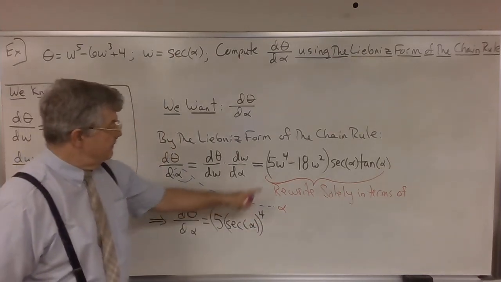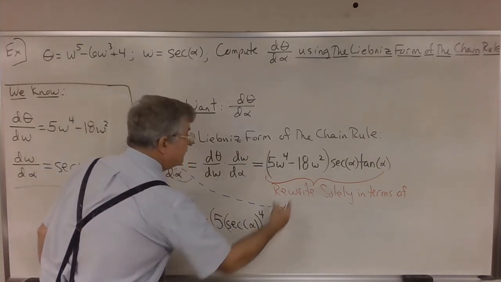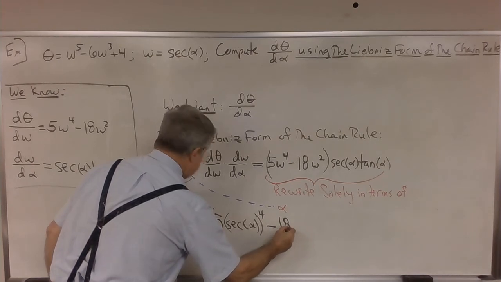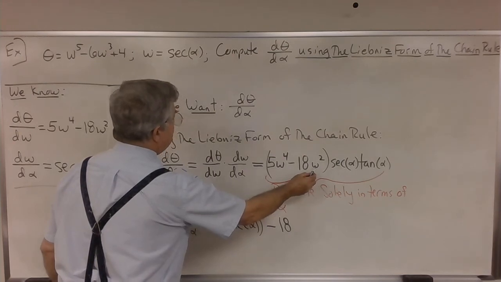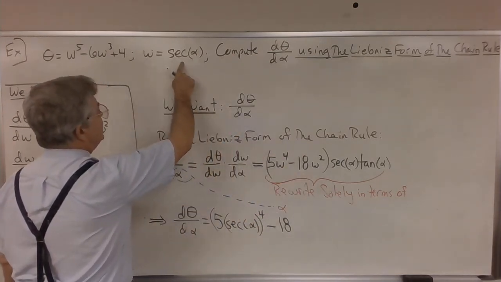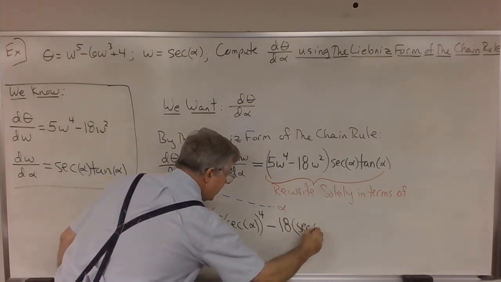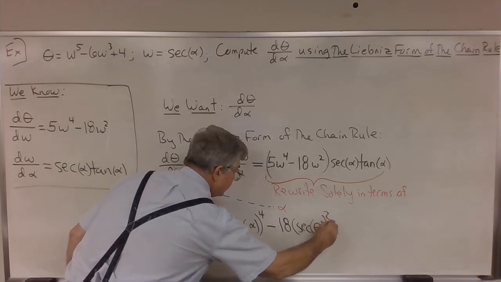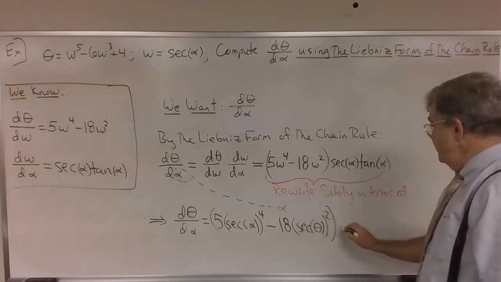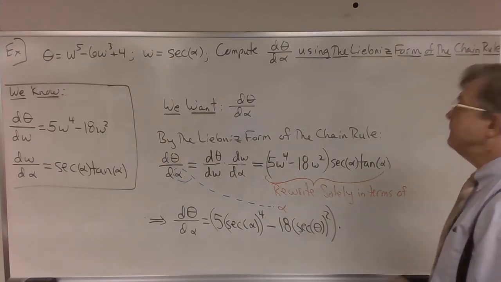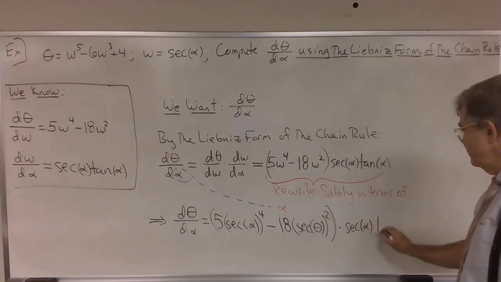So 5 w to the fourth, or secant alpha to the fourth, minus 18 w, can't have a w, so we replace the w with secant alpha. w squared or secant alpha squared, and then times secant alpha tangent alpha.